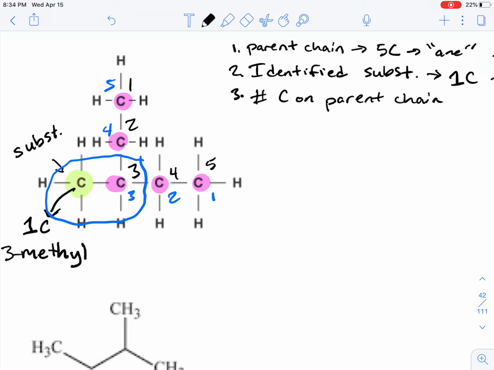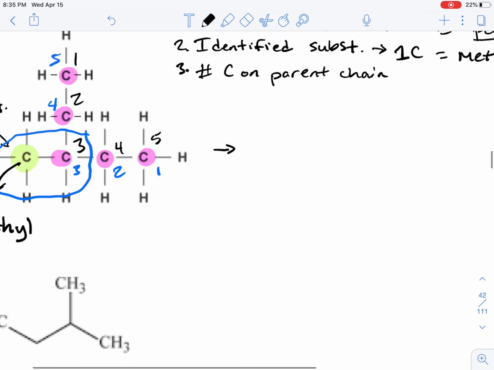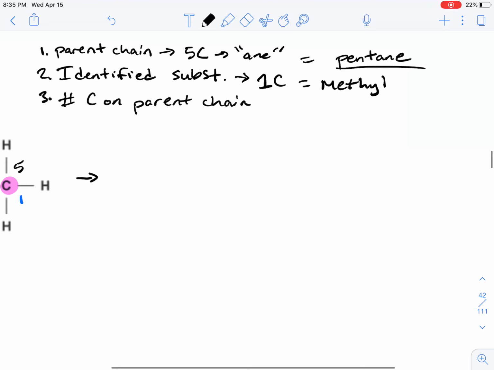And so now that I've identified the parent chain, numbered my parent chain, and identified my substituent, I'm going to simply put all the pieces together. And so remember, the first thing that I need to name is my substituent and then the parent.